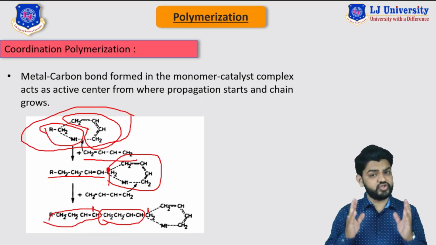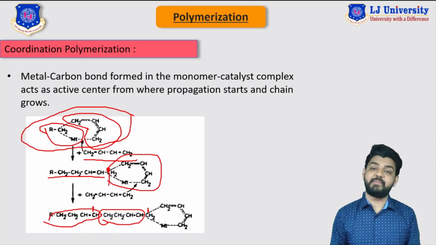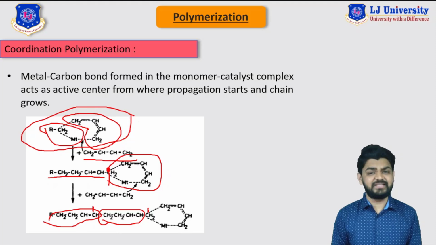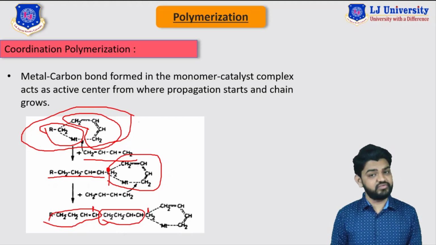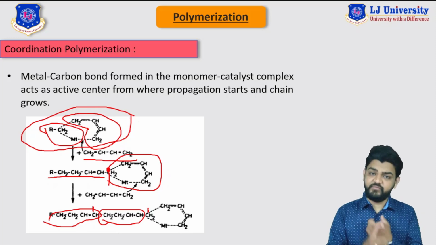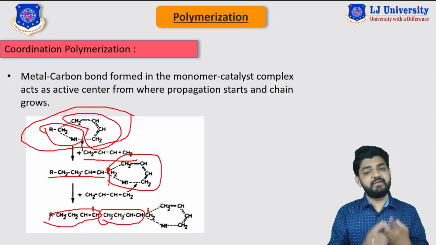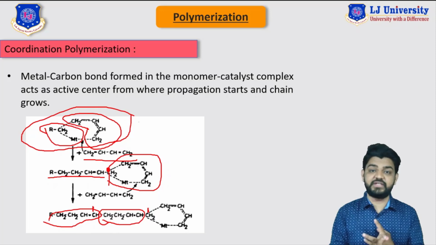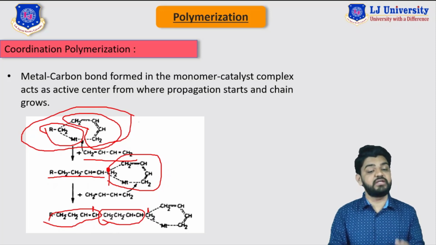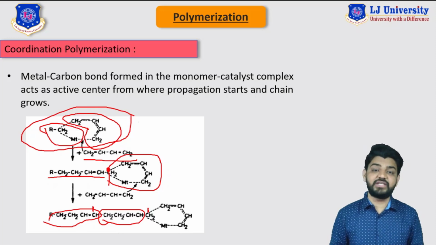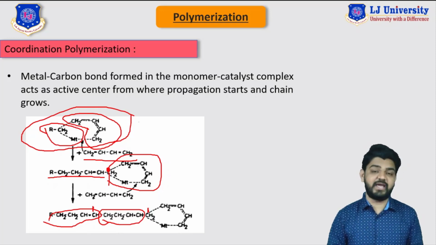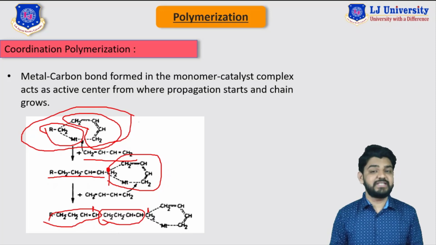So this was all about the coordination polymerization process, and this concludes all the chain polymerization. We have seen free radical polymerization, then ionic polymerization, and lastly coordination polymerization. This coordination polymerization is again important from the exam point of view. It is basically all about the catalyst.